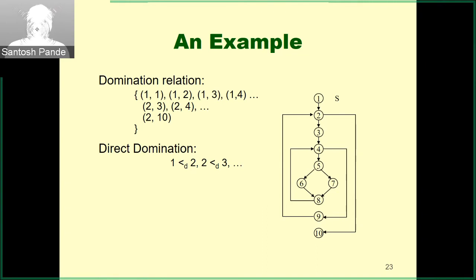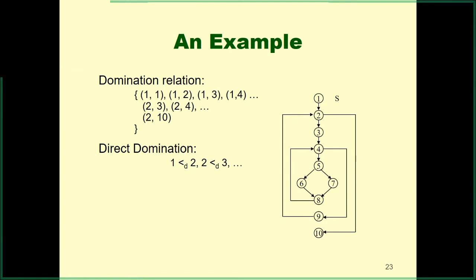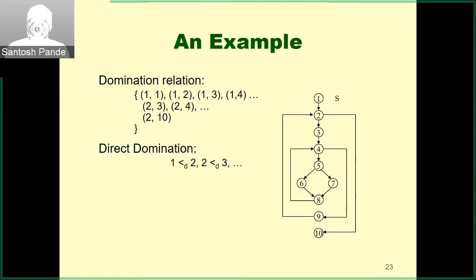We will get an answer to that question as 1, 2, 3, 4, 5. There would not be 6, there will not be 7 in that list. Okay, so those are the nodes which will dominate me. In order to come to me, I must go via those nodes 1, 2, 3, 4, and 5.